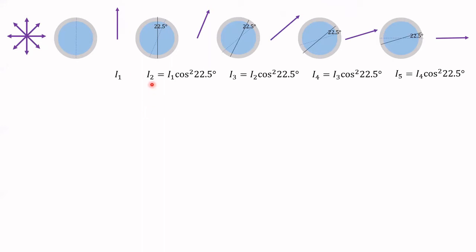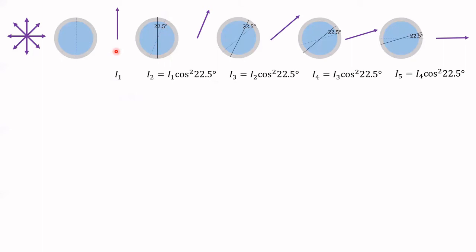Look at the numbering scheme I've got here: I1 is the intensity transmitted by the first filter, I2 is the intensity transmitted by the second filter, etc. So this 22.5 degrees is the angle between this filter's polarizing axis and the polarization direction of the incident light.